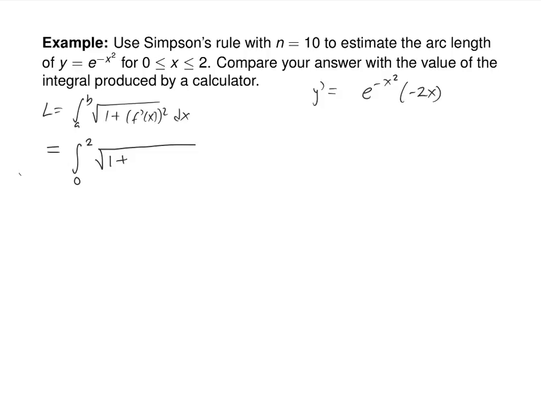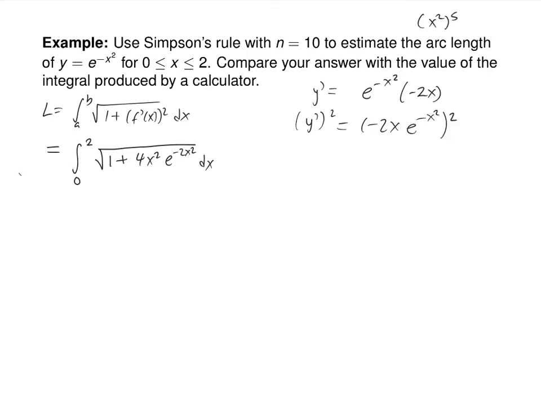I mean y prime squared. Oh, this is a good question. Negative 2x e to the negative x squared, squared. I think it's pretty obvious you have 4x squared, right? That part's easy enough. What happens with the powers? So, yes, negative 2x squared. Remember when you have a power to a power, like x squared to the 5th, those things multiply, right? Same pattern here. Okay, and that one is not going to solve nicely.